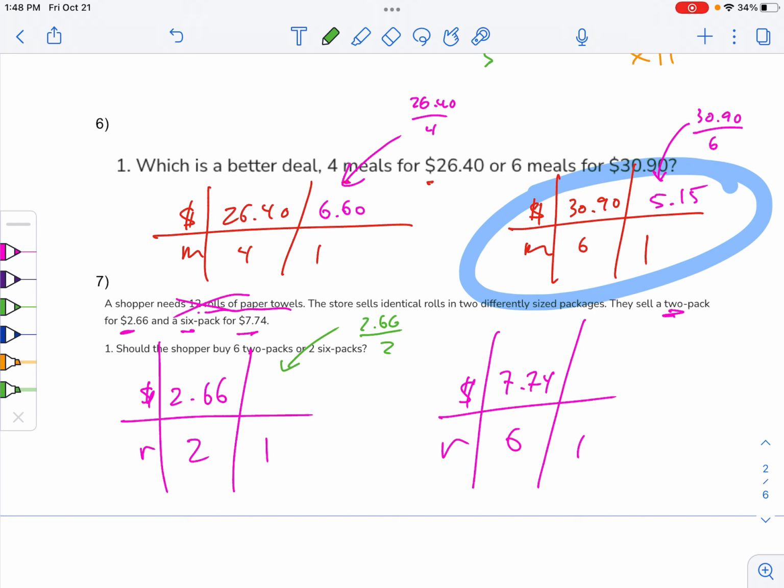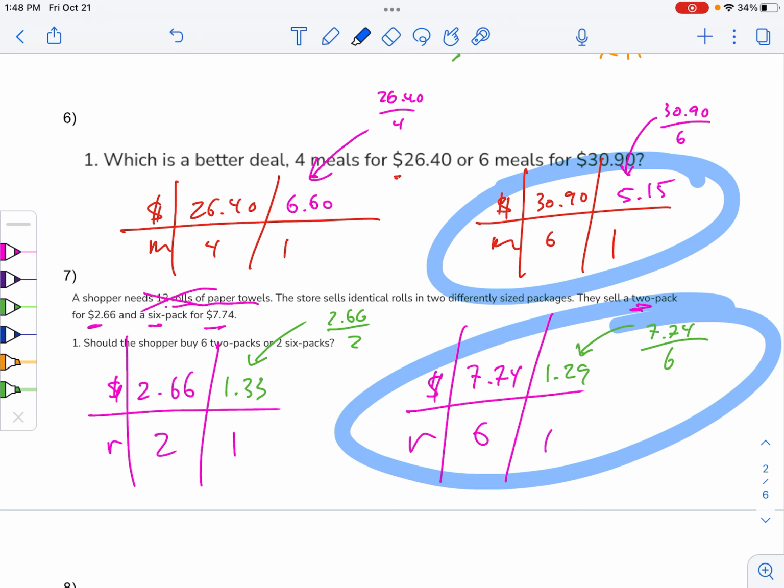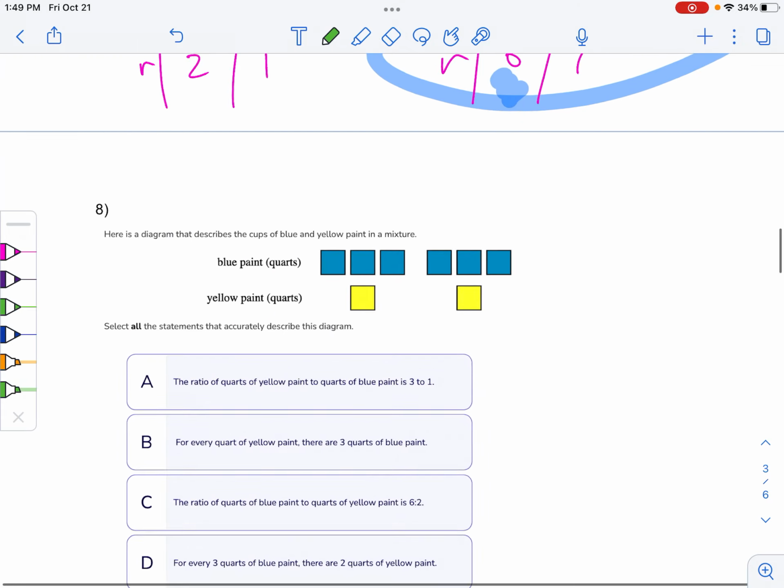I'm going to divide it by 2, and I get $1.33. Just cutting it in half. For this spot right here, I'm taking $7.74, and that's for 6 rolls. So I got to divide it by 6, and that gets me $1.29. So the better deal is going to be this one right here, which is the 6-pack deal. Go shopping. Way to go.